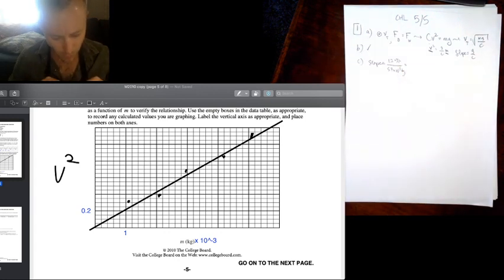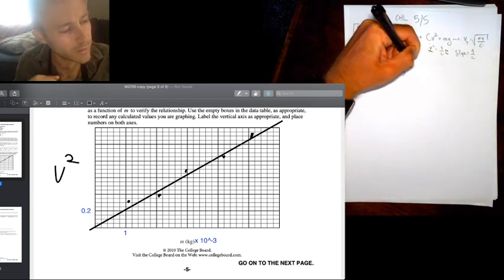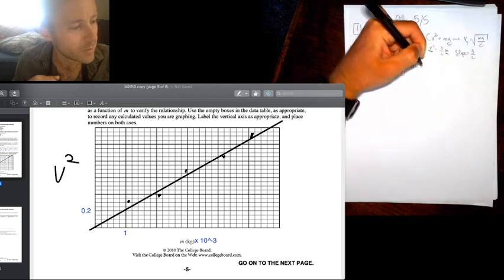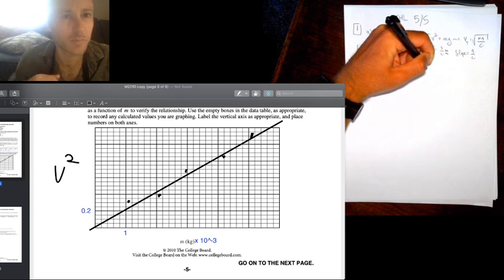So if I do 1.2 over 5.7 times 10 to the minus 3, I get about 210.5 meters squared over second squared kilograms.